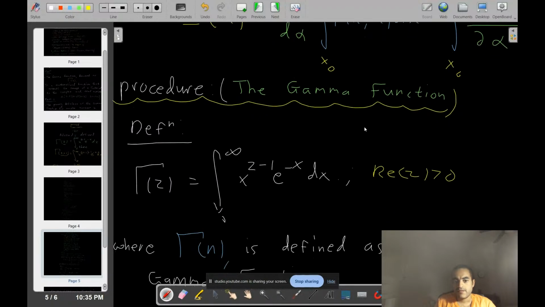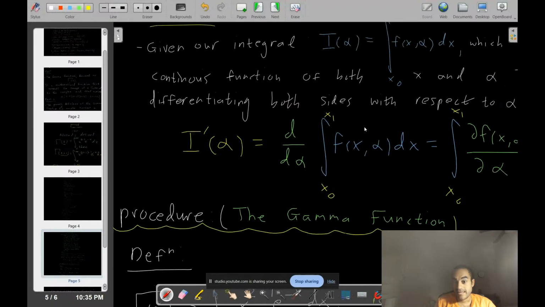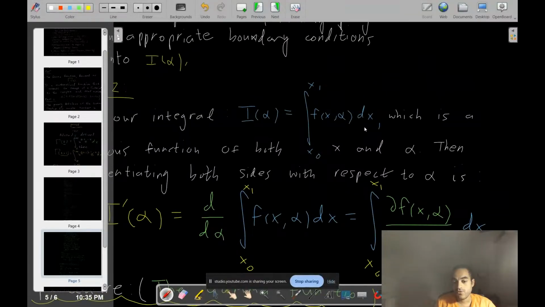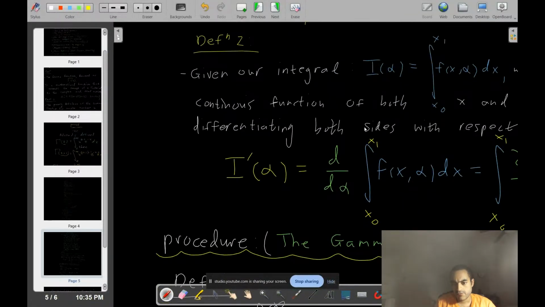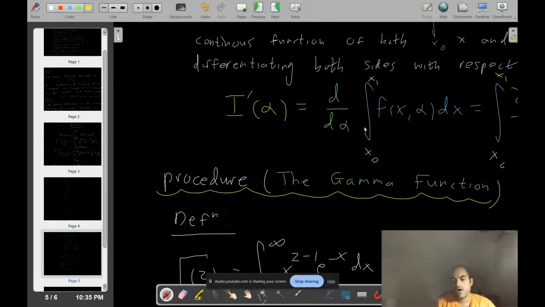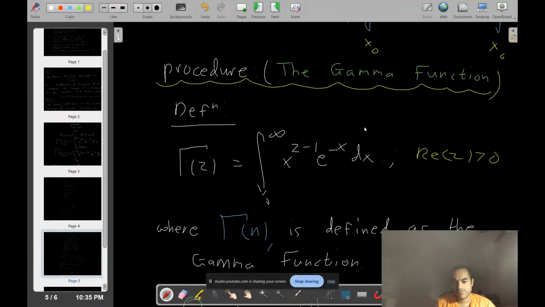Now, the procedure is, for anyone who knows, how we can use the differentiating under the integral sign method, or Feynman trick, on the gamma function if we want to integrate. It's another way to integrate the gamma function.